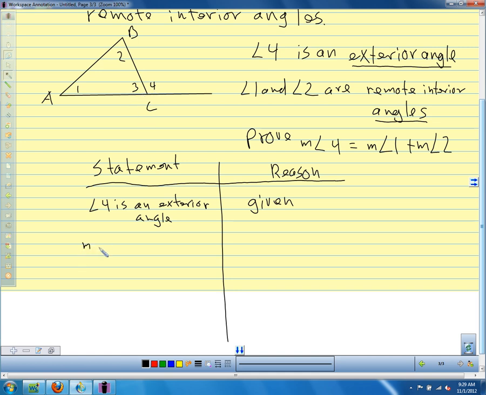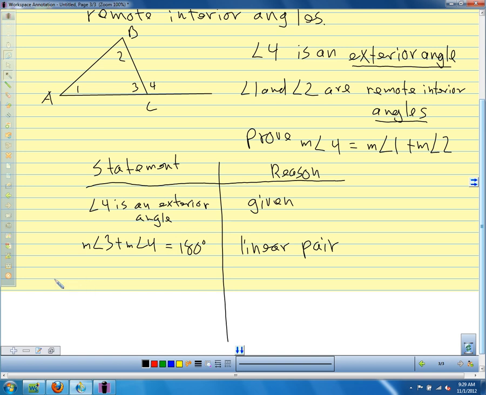Perfect. So the measure of angle 3 plus the measure of angle 4 equals 180. What would be our reason? What do we call two angles that are on the same side of a line? A linear pair. Angle 3 and angle 4 are a linear pair. We know that linear pairs are supplementary, so they add up to 180 degrees.